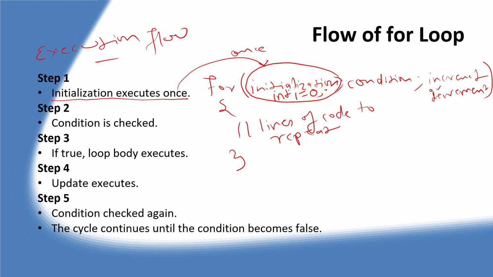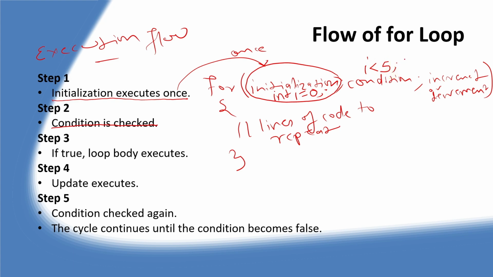This will execute only once. The next step is that the condition is checked. There will be some condition, let's say i less than 5. This is the condition.